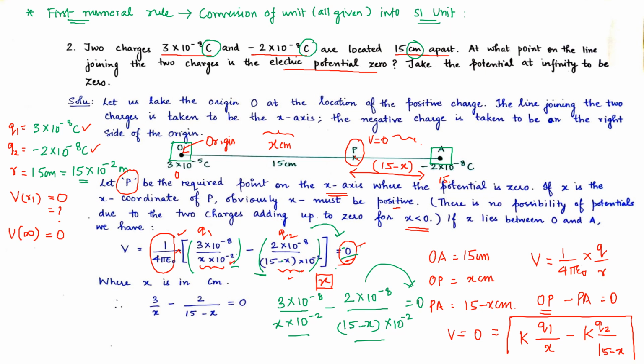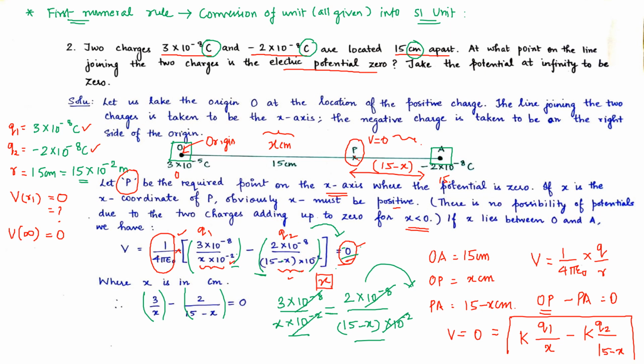This value is negative, so when it goes over here it will become positive, and we can equate these two values. Then this will get cancelled, this will get cancelled. Only the values left are 3 upon x and 2 upon 15 minus x.